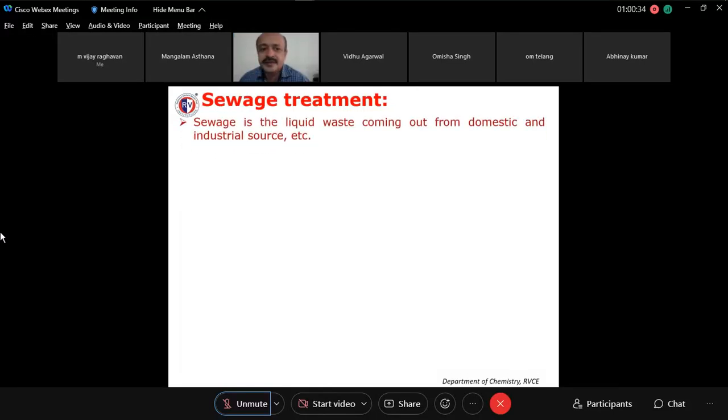You know that this sewage is the liquid which is coming out from domestic and industrial sources, right? So the main origin of this sewage is domestic, that is household waste, as well as industrial waste. This domestic waste mainly contains organic waste, and this industrial waste may contain both organic and inorganic load.